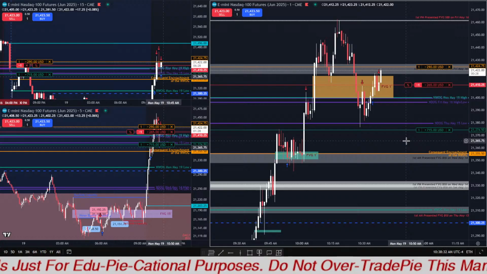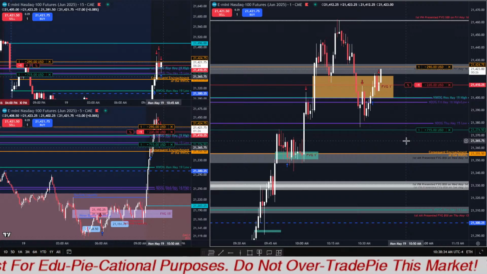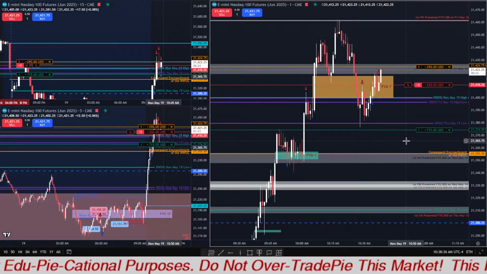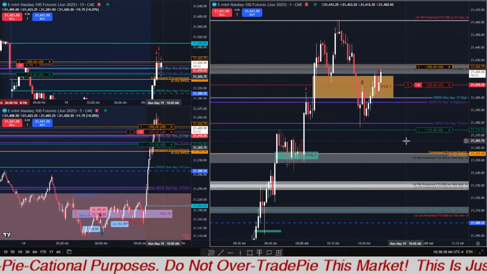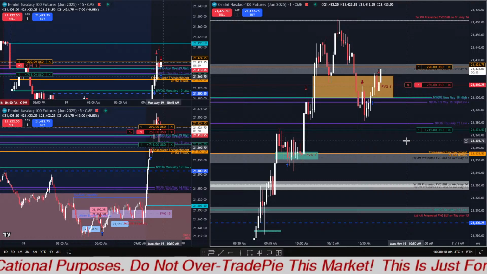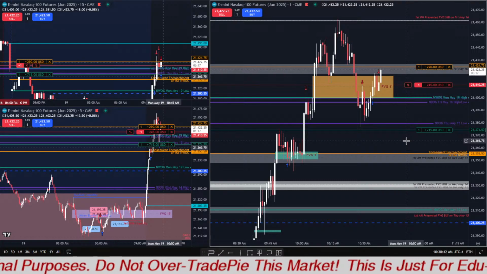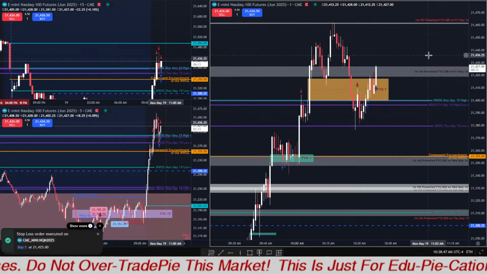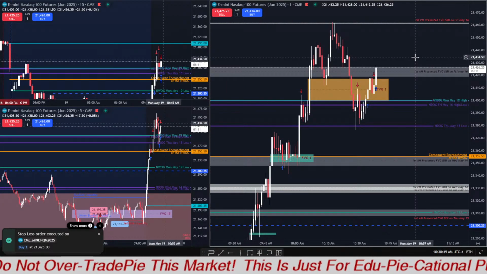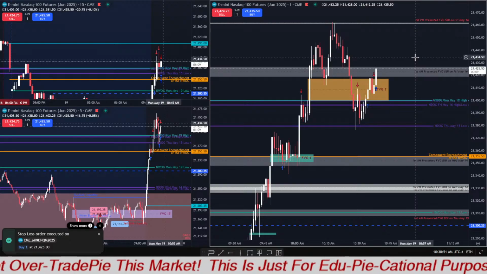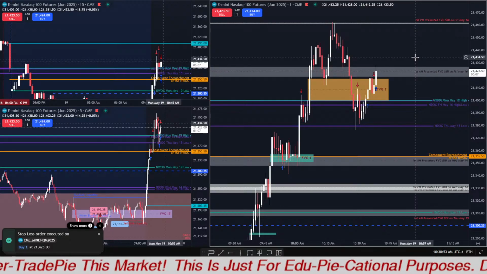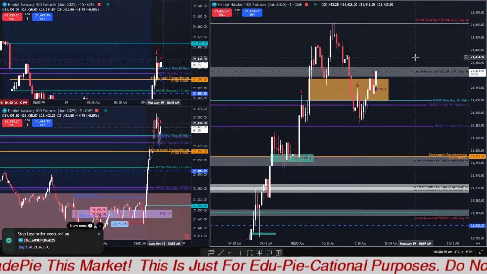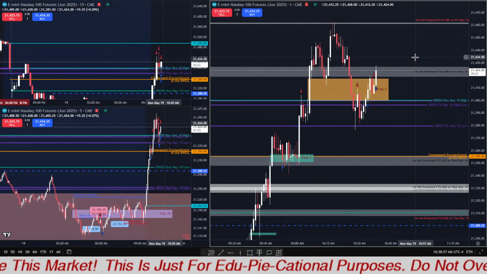The midpoint of the first presented fair value gap on Friday was tapped. Okay, the second position here is also a loss, and it's not a problem.